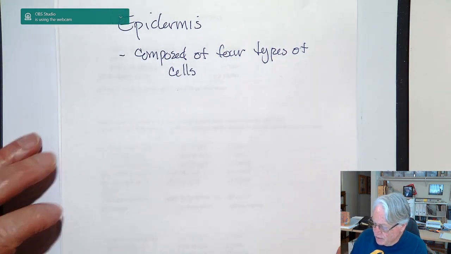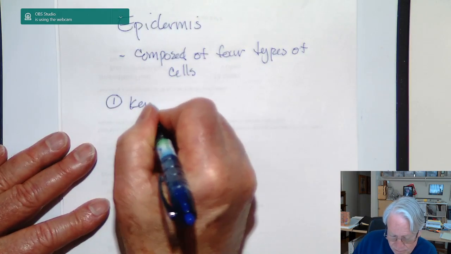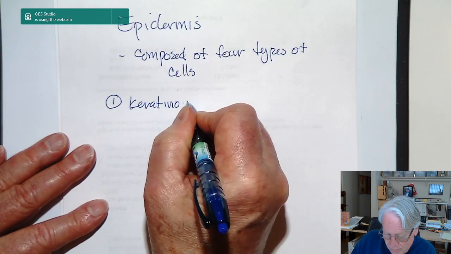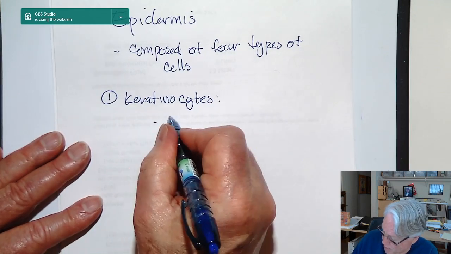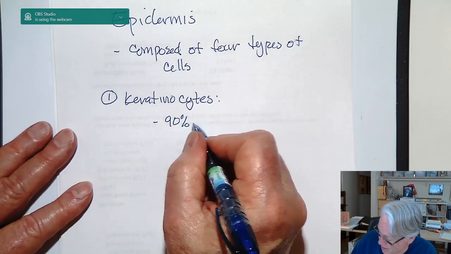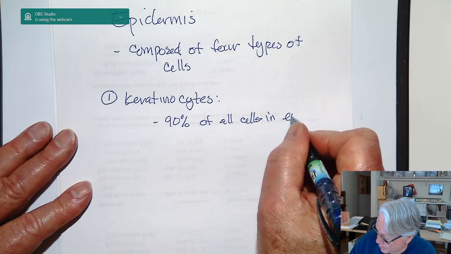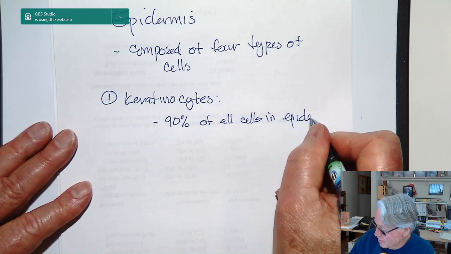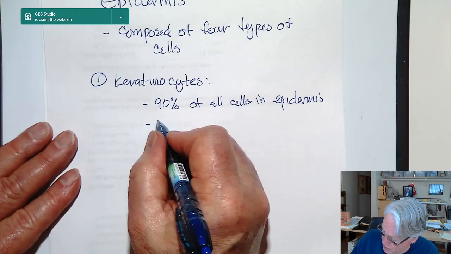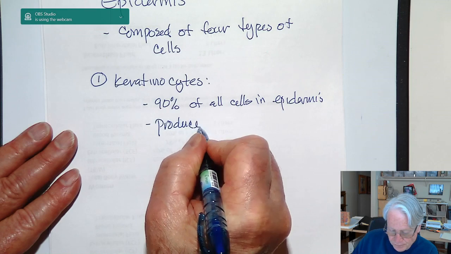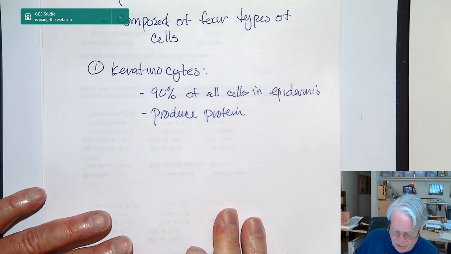Okay, so let's go through and describe a little bit about each one of those types of cells. So we'll start off with the keratinocyte. These make up around 90% of all cells in the epidermis. They produce a protein, and we'll talk about the developmental pathway of that protein in just a bit.